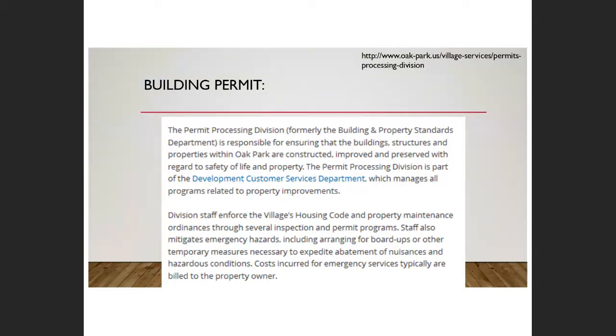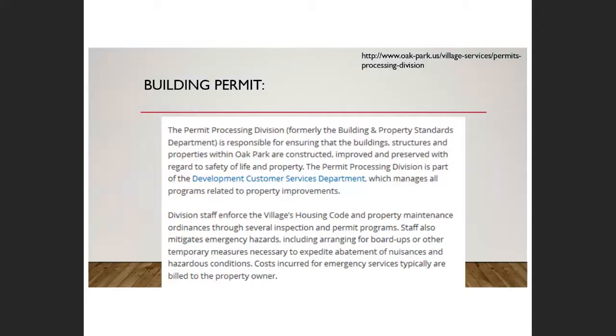You'll see a picture of a permit from the window in my house. I'll have to look and see what work it was, but we may have just had the contractor go to the village and pull the permit.